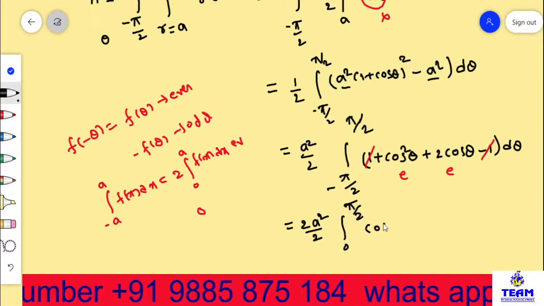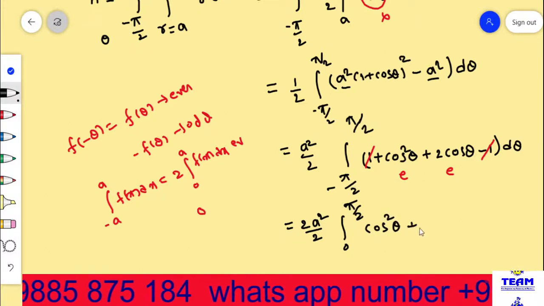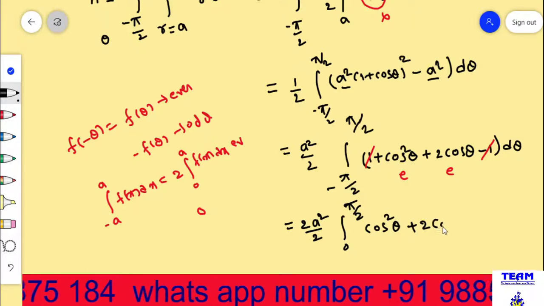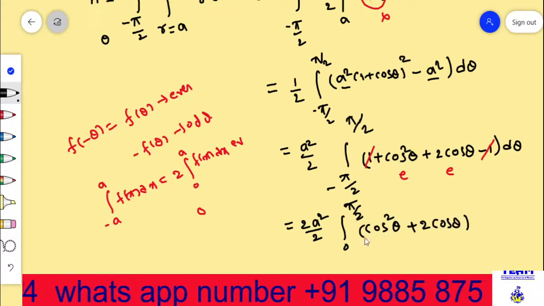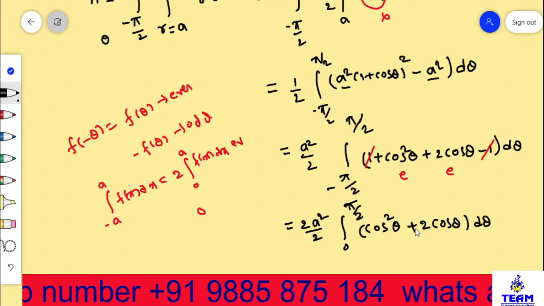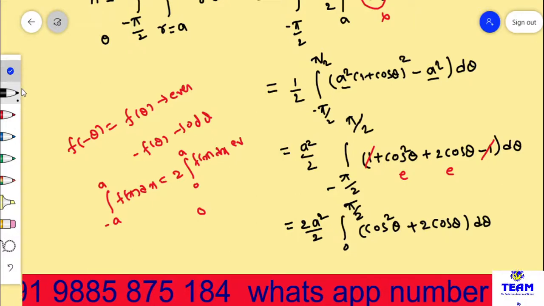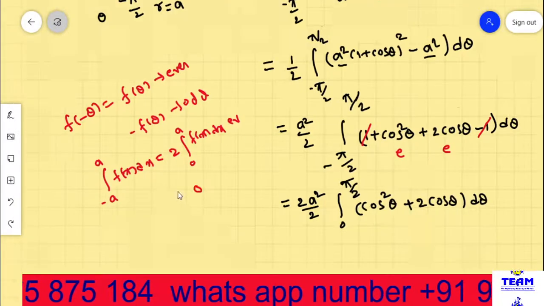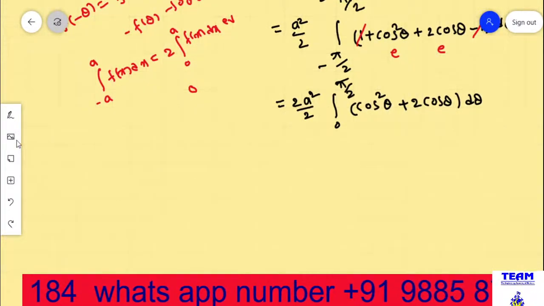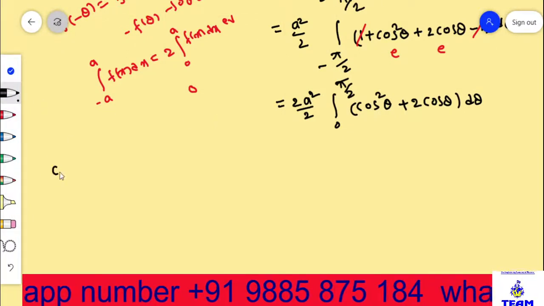Now the integral is cos square theta plus 2 into cos theta d theta. Now you have to integrate this one, friends, and you can do this in different methods. First, we can use a calculator. Another is to use a formula.